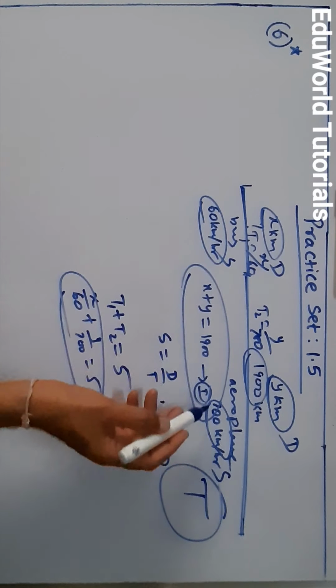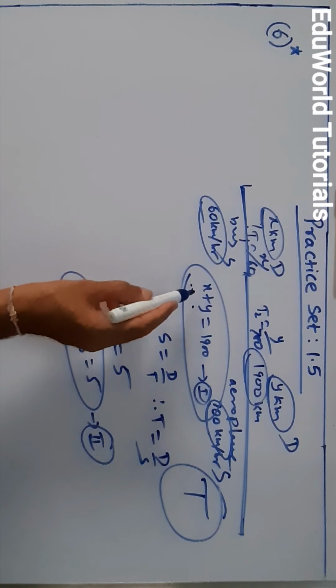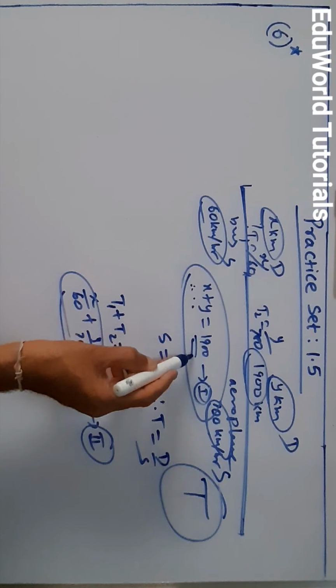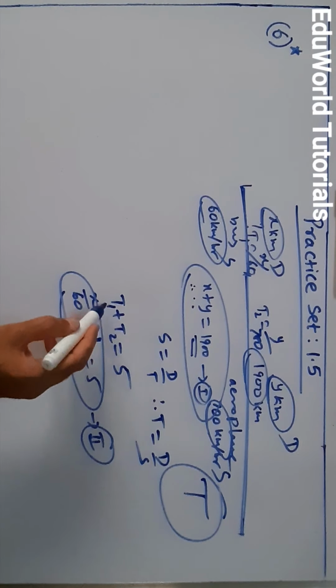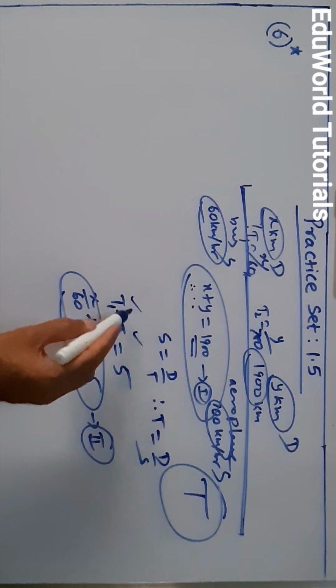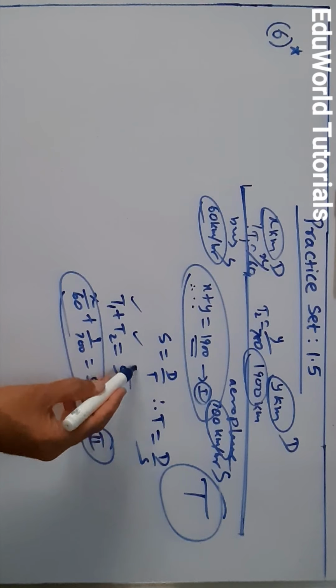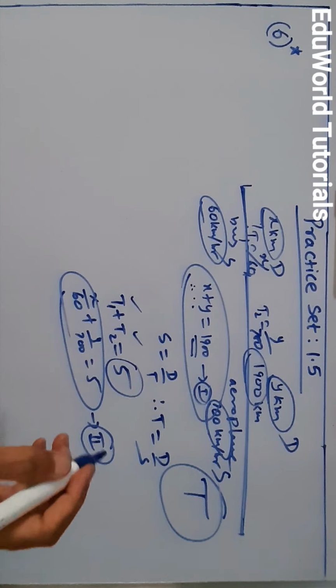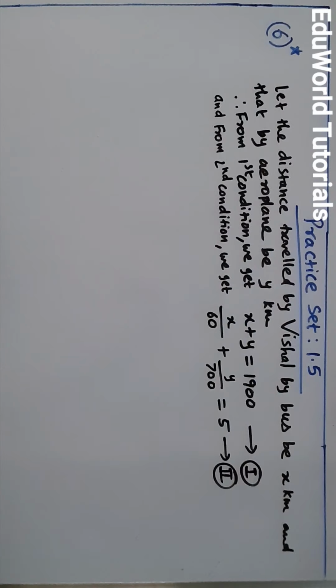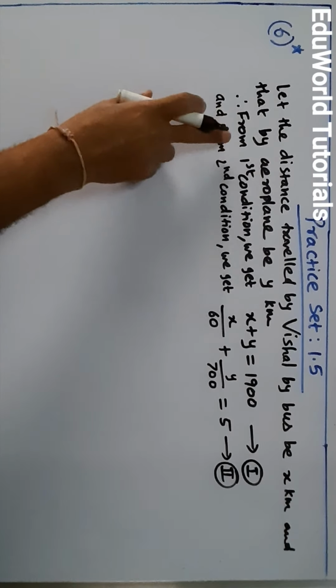Total distance x plus y is 1900 km because the entire journey is of 1900 km. Then we got the time of bus journey, the time of aeroplane journey, and the total time is given as 5 hours. This is equation number 2. Now I will write the systematic steps. So I got this, right?